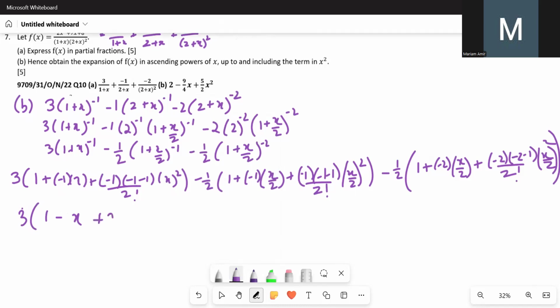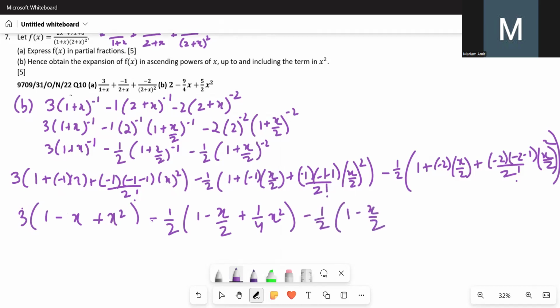This would be plus x squared, bracket closed, minus half (1 minus x over 2, and then plus 1 over 4 x squared, and then minus half (1 minus x over 2. I'm sorry, it's just minus x, not x over 2. It's 1 minus x plus 3 by 4 x squared.